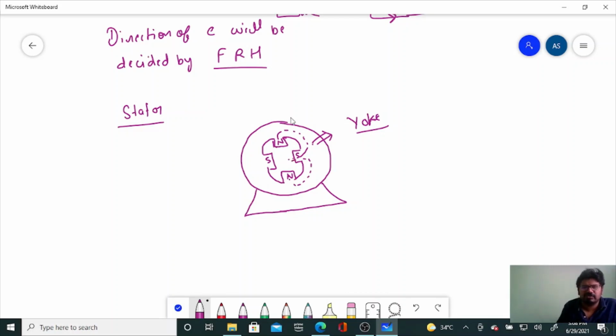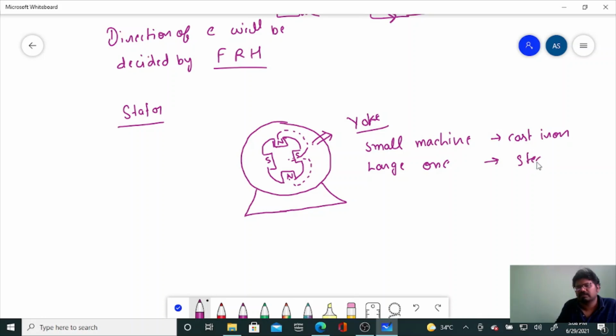The yoke material for small machines is cast iron. For large ones, we generally use a steel structure. And we use laminated ones only to reduce the eddy current losses.